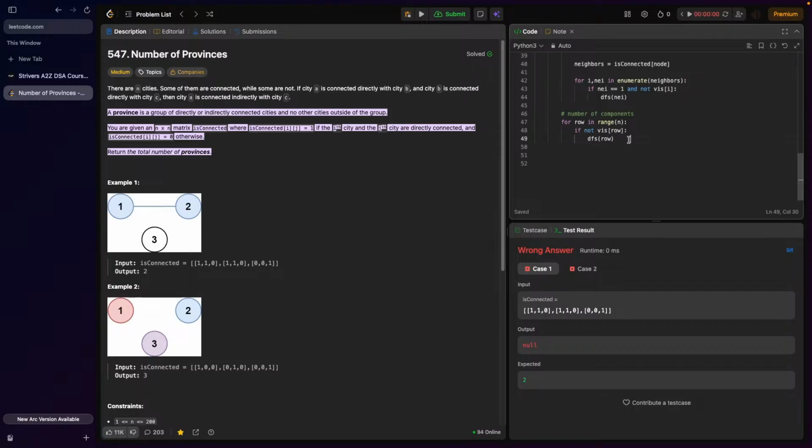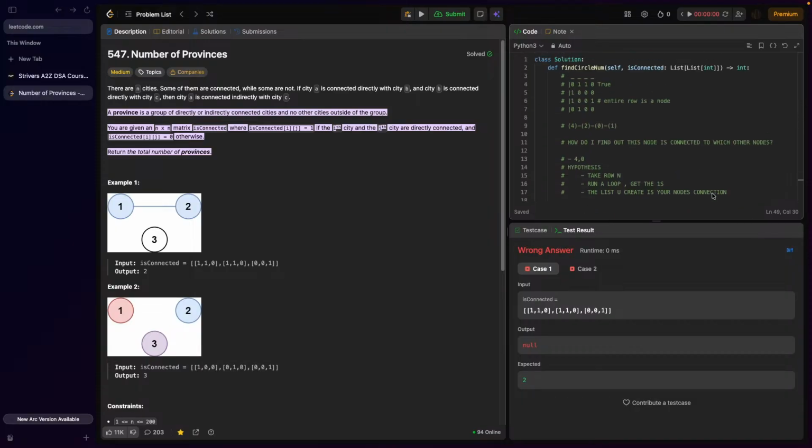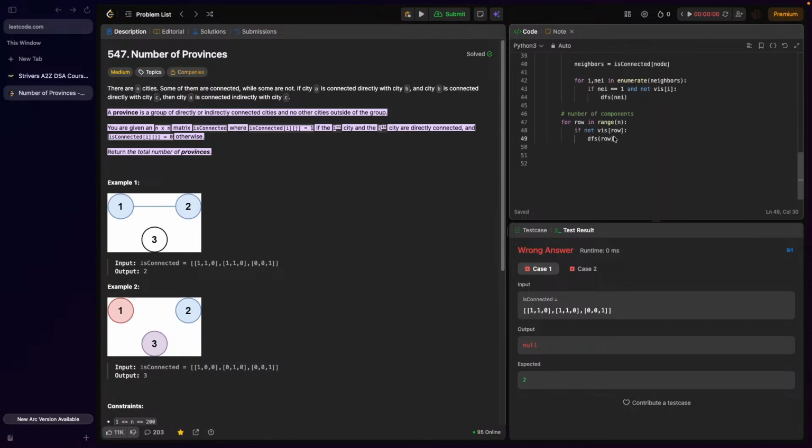Oh, my bad. So if we just put components equal to 0, and components plus equals 1, and then we return components, that should probably do it.